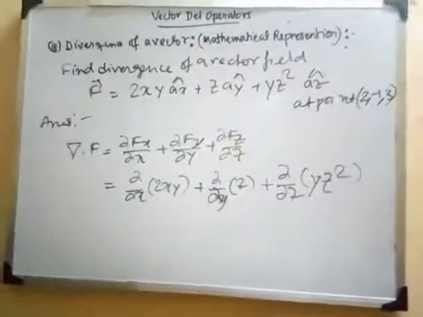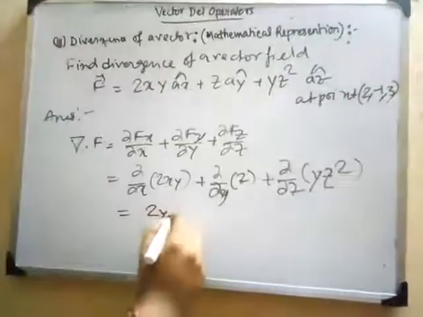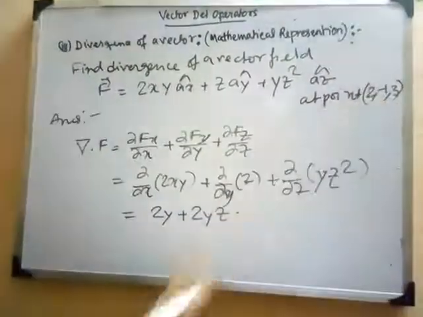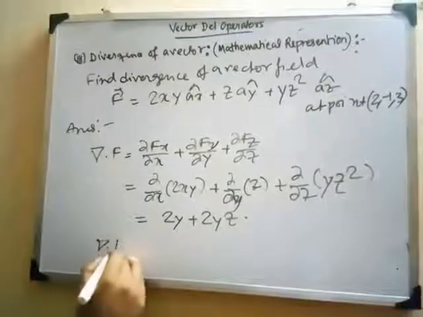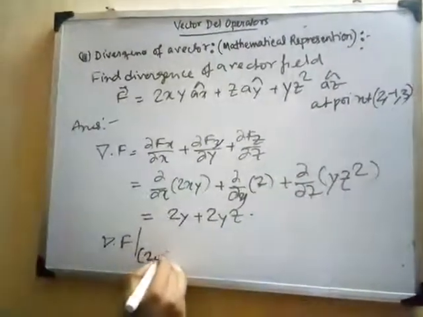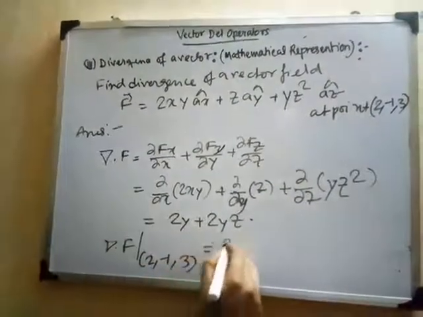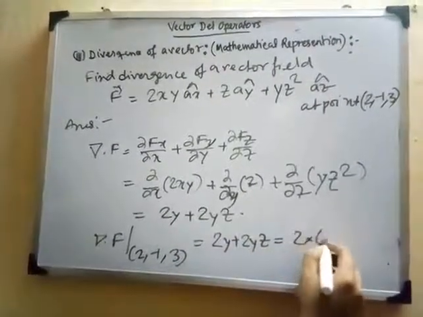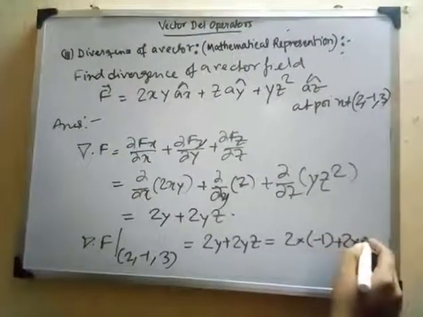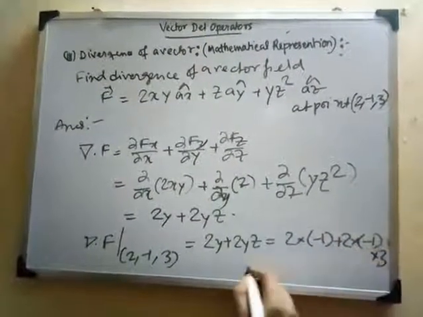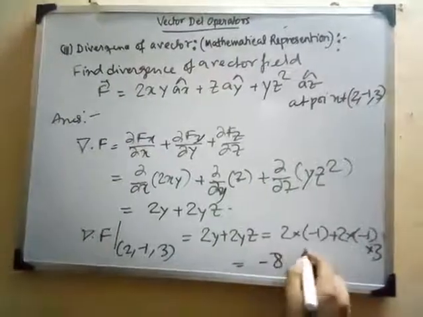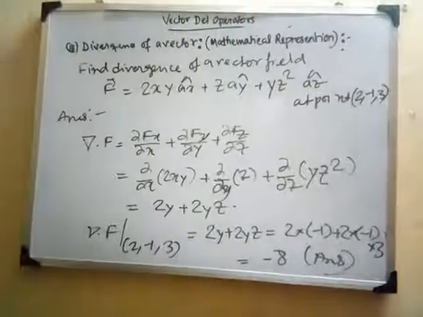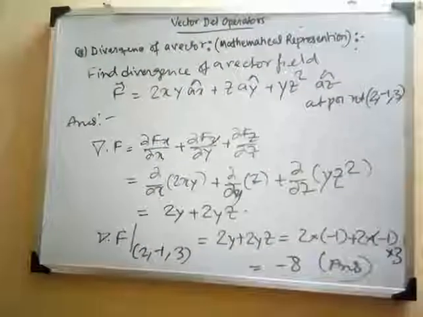If you evaluate, this comes as 2y plus z plus 2yz. Now put in the point (2, -1, 3). Del dot F at that point equals 2y plus z plus 2yz, which is 2(-1) plus 3 plus 2(-1)(3), that is equal to -5. So this will be your answer. You can expect this kind of problem sometimes during the examinations.